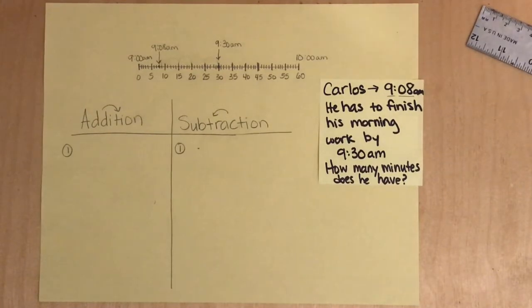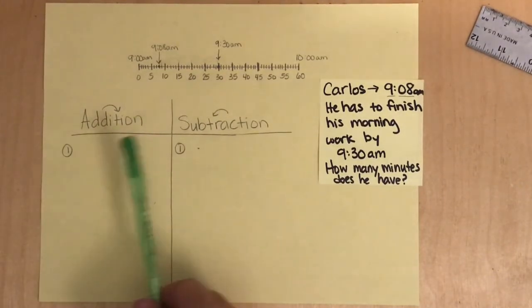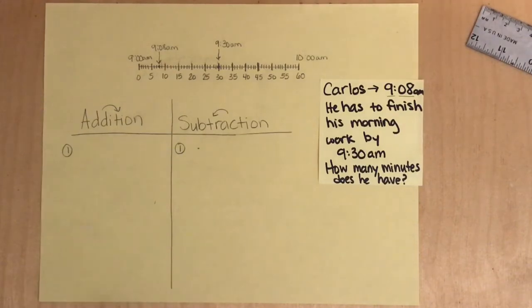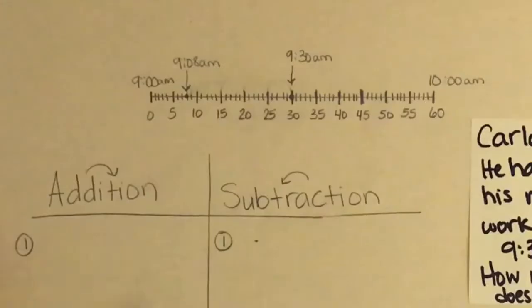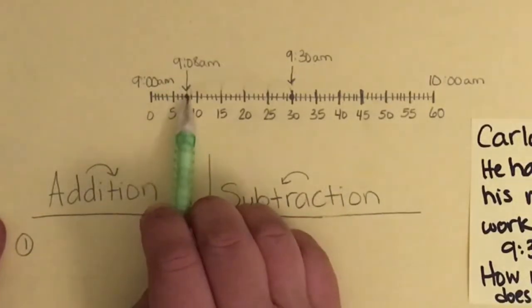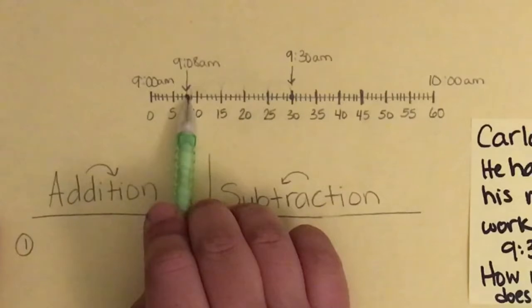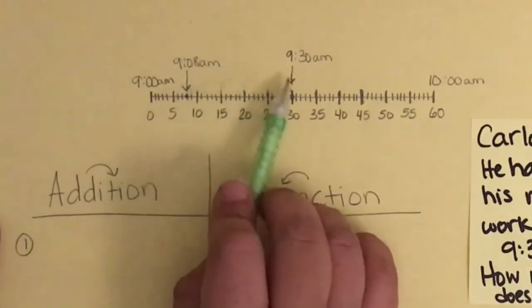How do I solve this problem? There's 2 different ways that you can go about this. Let's talk about the first one with addition. The first way that you can solve it is noticing that you start at the smaller time, or the beginning time, and that would be 9:08, and you can count up to get to 30.